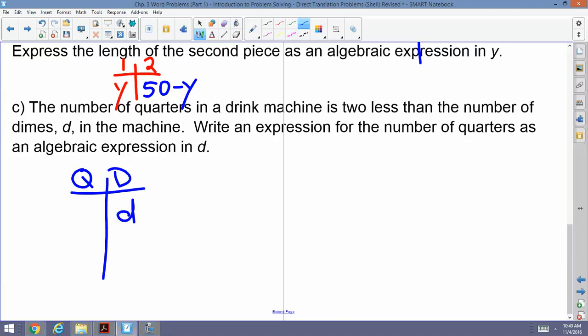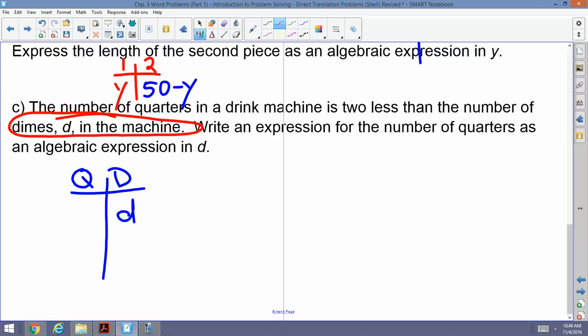99% in direct translation word problems, the second value is usually the one we know nothing about. I would almost say 100% of the time, but I'm sure there's a problem out there that's going to defy that. But when you're reading a direct translation, this is 4 more than that, this is twice the amount of half of this.